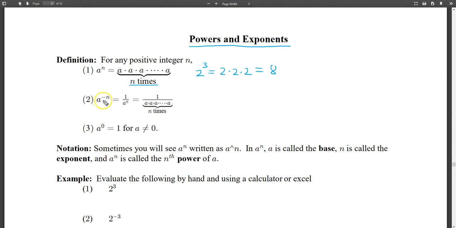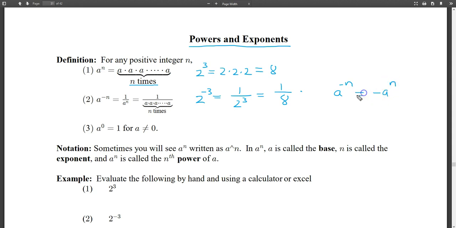We define a to the negative n to be 1 over a to the nth power. So, for example, 2 to the negative third would be 1 over 2 cubed, and that would be 1 over 8. Now be careful, a lot of people confuse a to the negative n with negative a to the n.